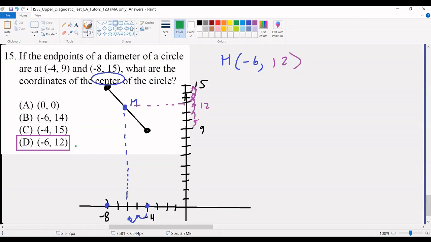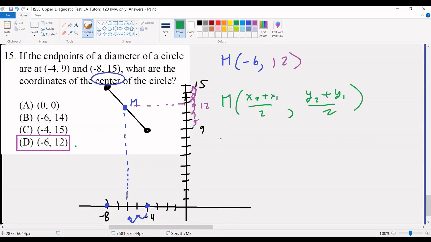However, let's make sure that these are the values. Since our graph is a very rough sketch, we may be missing it. So let's remind ourselves what the midpoint formula is. It's the sum of the x values divided by 2, and the sum of the y values also divided by 2.